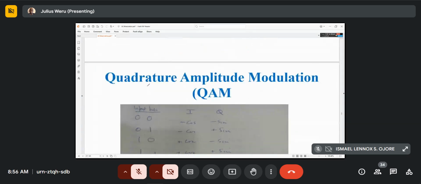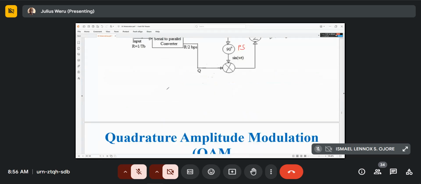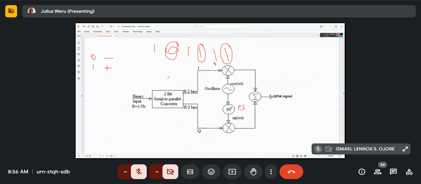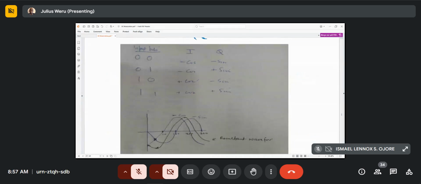So when you have 0, 0, you have minus cosine and minus sine. If you have 0 here, you have a minus cosine, and if you have 0 here, you have a minus sine. So for 0, 0 you have a minus cosine and a minus sine, and you combine these two.